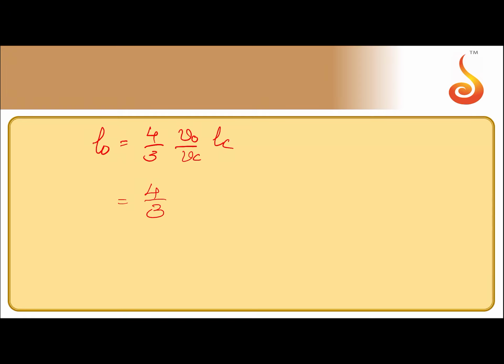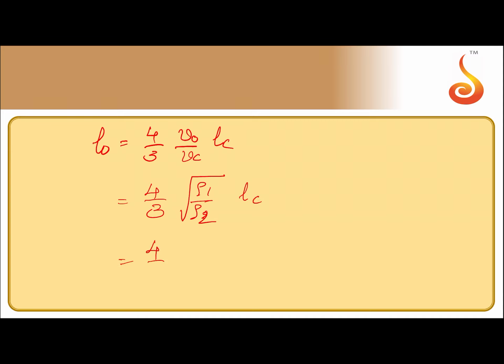You know, speed is inversely proportional to the square root of density. So you can write this as the square root of rho 1 divided by rho 2, into the length of the closed pipe.